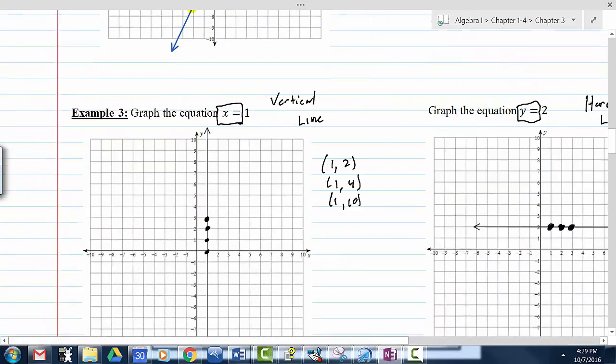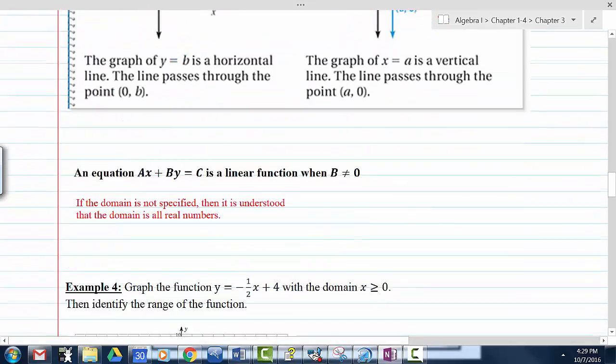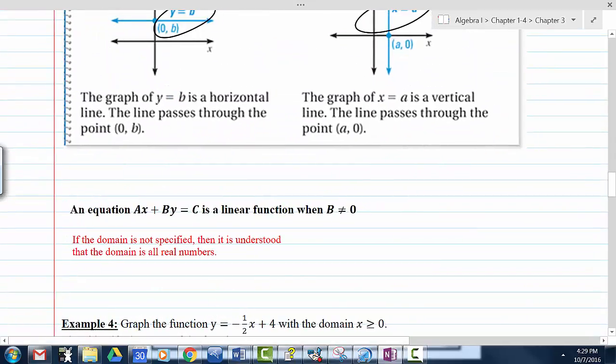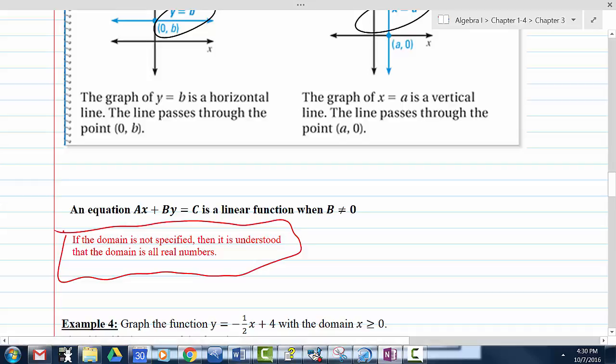So let's use that to the other part we have here, where it says an equation ax plus b, all that good. Let's actually get down here. A domain, if it's not specified, your domain is everything. The problem up there, we start out with 3 numbers, and then when I put on the line, you're talking about a whole bunch more numbers.